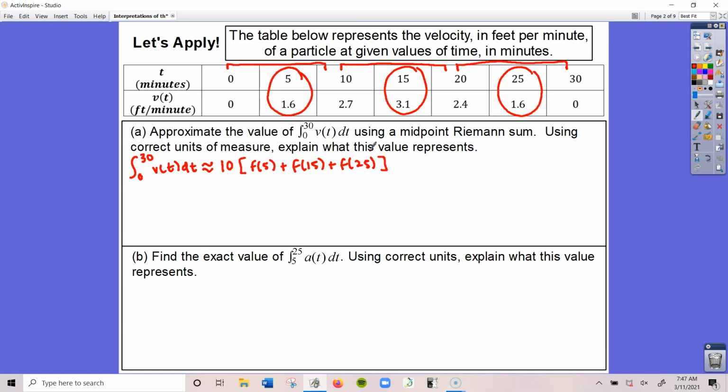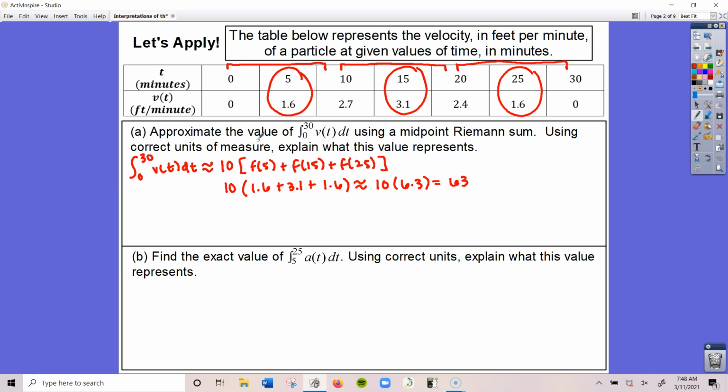Now we plug in those values. So we have 10 times f of 5, which is 1.6, plus f of 15, which is 3.1, plus f of 25, which is 1.6. If you add all of this together, 1.6 plus 3.1 is 4.7, plus 1.6 gives us 6.3. So 10 times 6.3 is equal to 63.